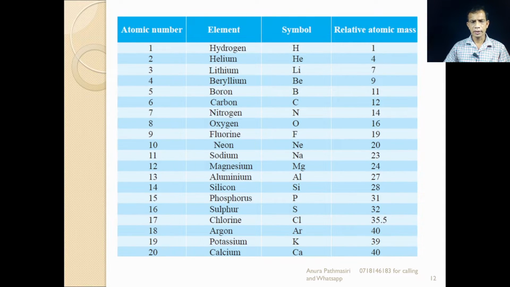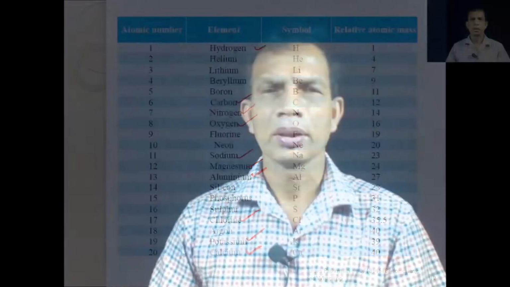Among the list, children, there are some important elements such as calcium, potassium, chlorine, aluminium, magnesium, sodium, oxygen, nitrogen, carbon, and hydrogen. These elements are very important because there are lots of calculations with the help of these values.